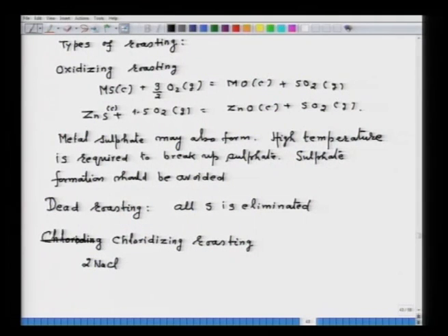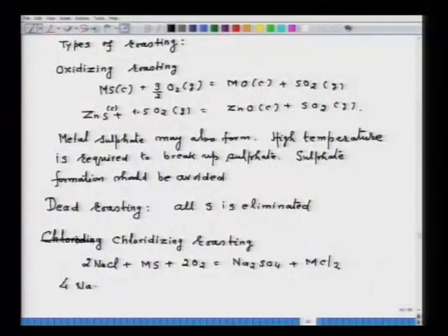So, the reaction could be 2 NaCl, NaCl is normally used, plus MS, that is the sulphide, plus 2O2, equal to Na2SO4 plus MCl2. You can call this a direct chlorination.